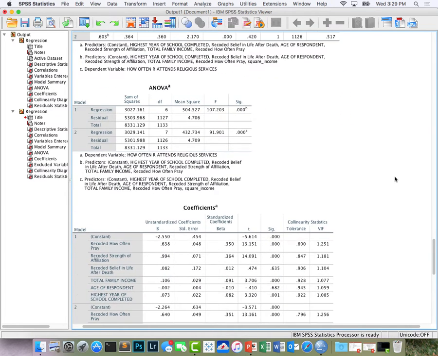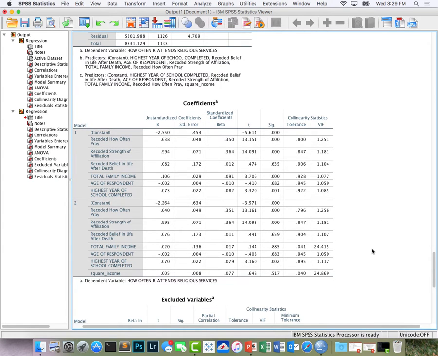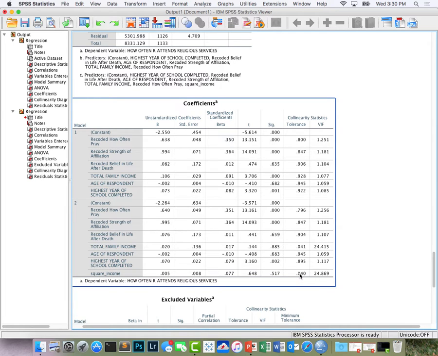But the problem that I think we have is that there's a high correlation between the square of income and actual income. And so if we look at our tolerance, we can see our tolerance for the square of income is 0.04, which is quite a bit below that threshold that we said 0.1 or below would be cause for concern.